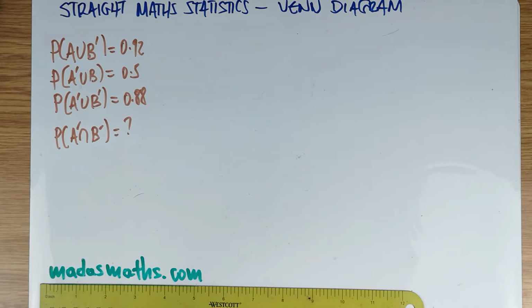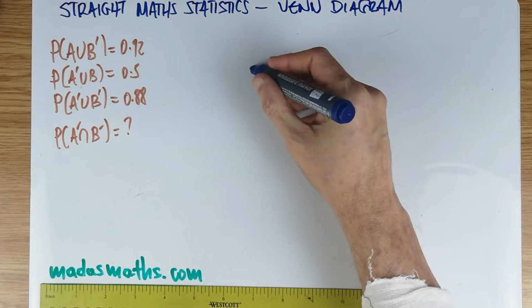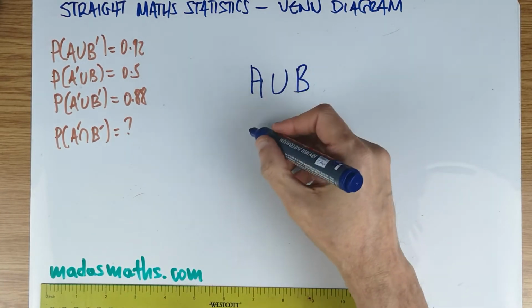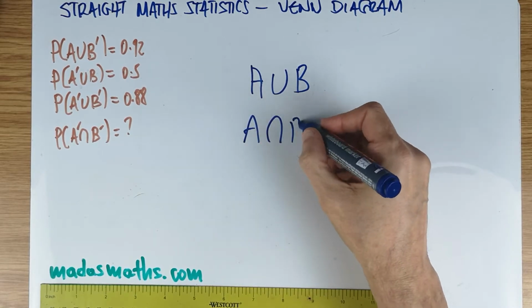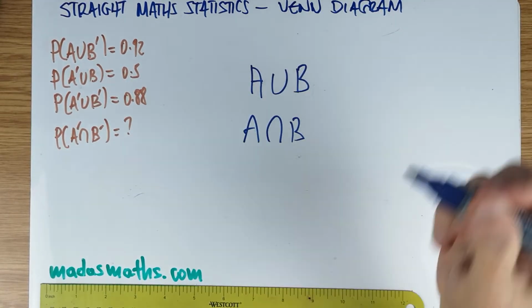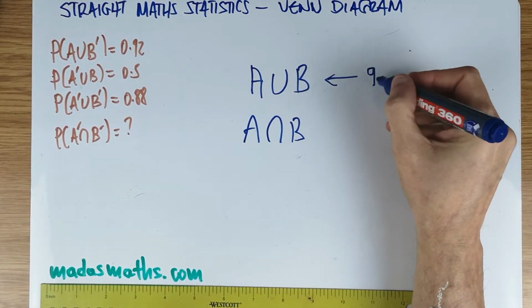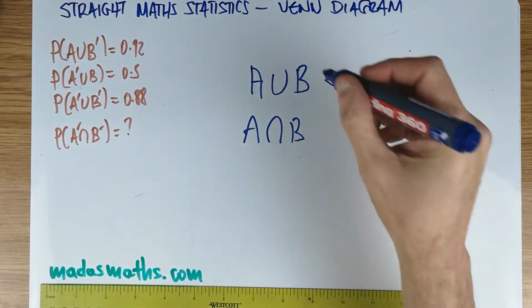And I want to say something about this symbol, the A or B and the A and B. From personal experience, 95% of students cannot correctly identify the nots.